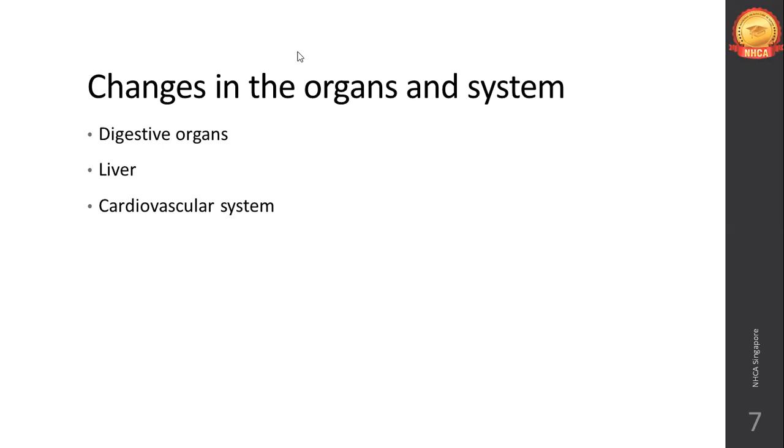In adults, when this happens, you get cardiovascular diseases. You will get fatty liver as well, but you also get cardiovascular diseases. Is it clear to all?